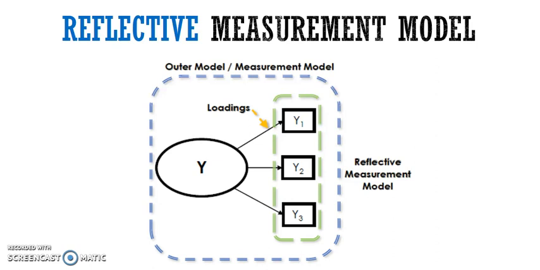Therefore, causality is from the construct to the measure. Reflective indicators can be viewed as a representative sample of all possible items available within the construct. All indicators are caused by the same construct. Therefore, they should be highly correlated with each other and interchangeable.